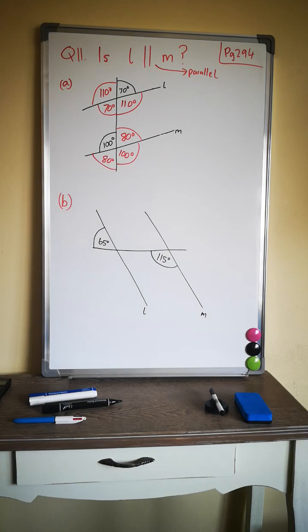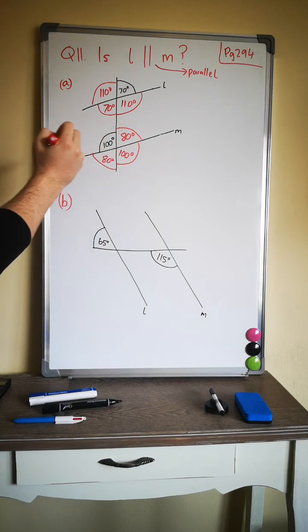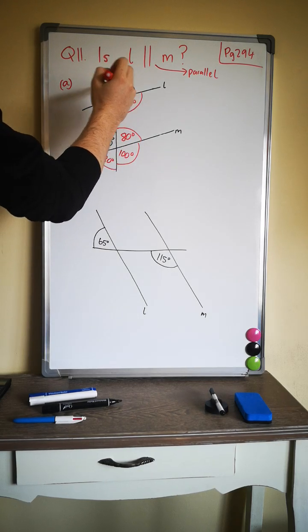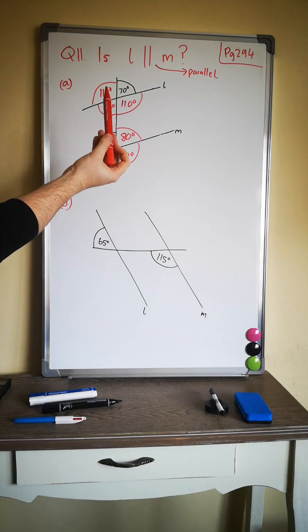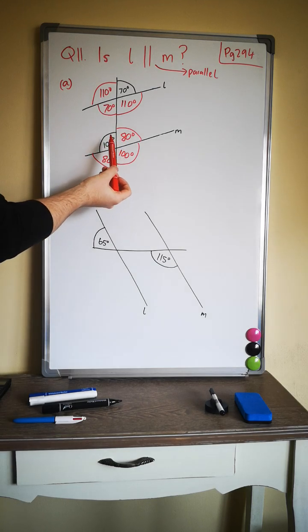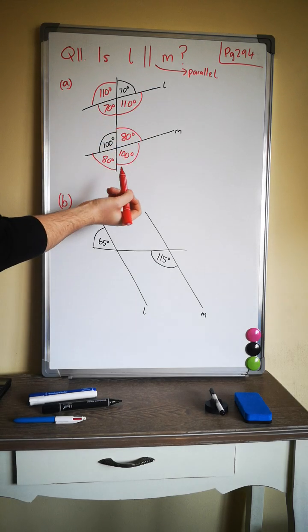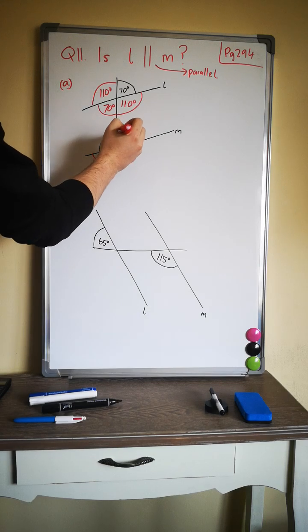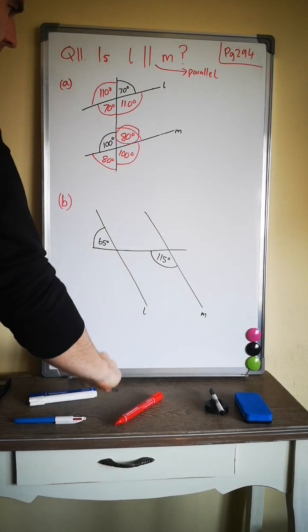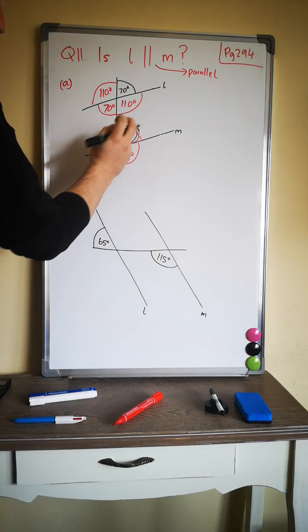So, question is L parallel to M? If they're parallel, that means all of these angles should be the exact same as all of these angles. And are they the same? Okay, so you can see clearly that they're not. Okay, so we just look at one section. So let's just look at this section here. I'm just going to look at the top right angle of each of them.